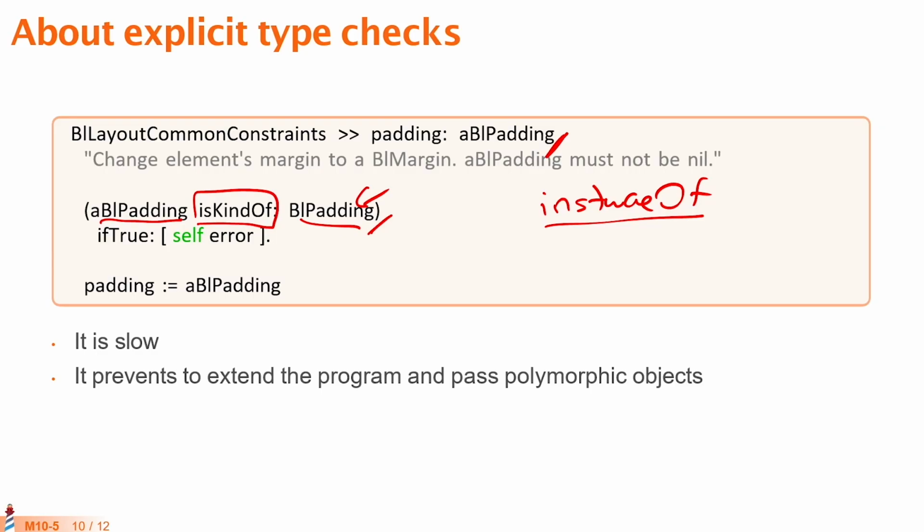In such a case, I would not be able to use my padding in this code here, because this code is actually checking that the object needs to be in the hierarchy of BL padding, and it's not checking that it needs to implement the same interface. So this check is preventing me from implementing polymorphic objects.